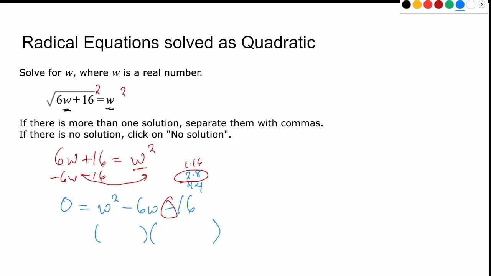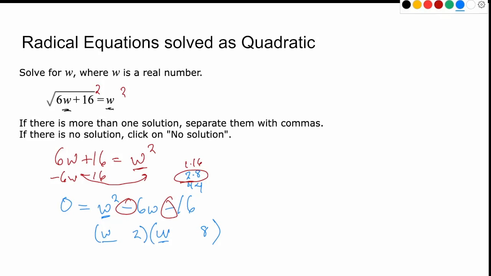The first term is going to be w, because w times w gives us the w squared. The last terms to give us our 16 are going to be 2 and 8. And this is what's nice, if we have a 1 in front of the variable, we don't have to worry about positioning. We're going to subtract, and we end up with a negative 6.